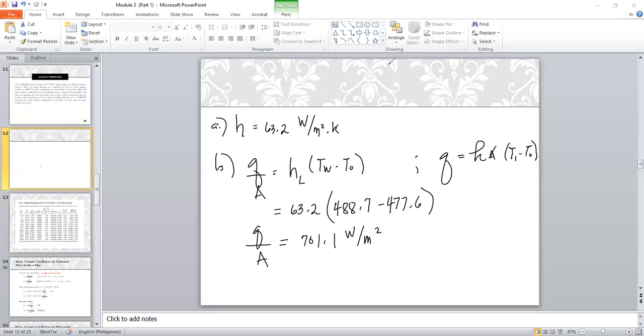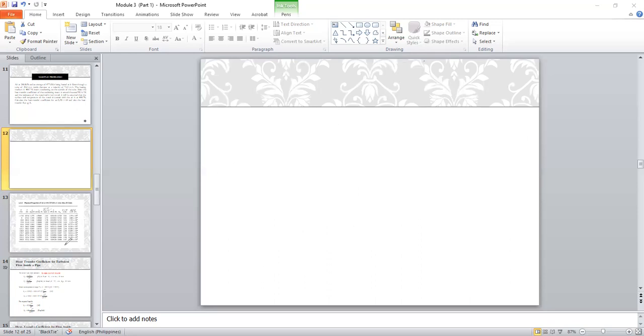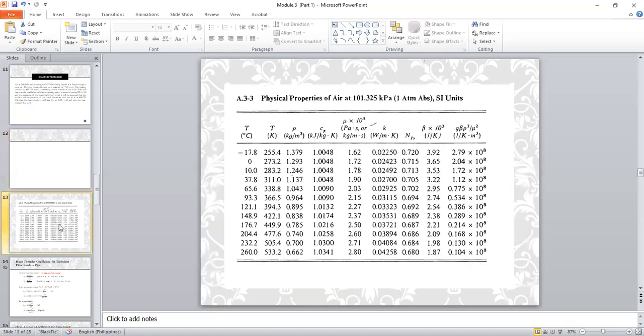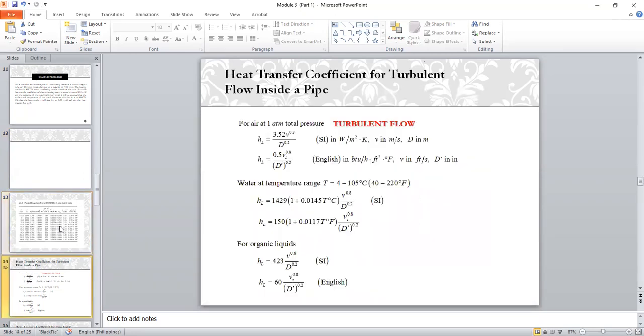Okay, I think there's none. So let me proceed with the next part in our slide. That's our first sample problem taken from Geankoplis. Now, for turbulent flow inside pipes, for air at 1 atmospheric pressure, we can already estimate more or less the HL, the heat transfer coefficient, using this particular formula, as long as it was already established that it is turbulent flow.